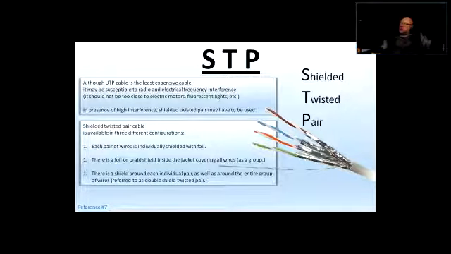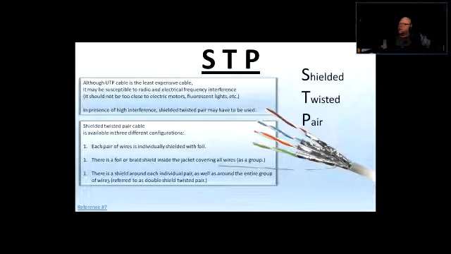If you have a shielded twisted pair that's not properly terminated, sometimes it can be even worse than having a non-shielded twisted pair. Right. So the termination has to be precisely done as per instructions. Right, so that's one scenario. The other scenario would be if there is a foil or braid shield inside the jacket covering all the wires as a group. So there would be no individual shielding, but the main cable would just have one common shield.